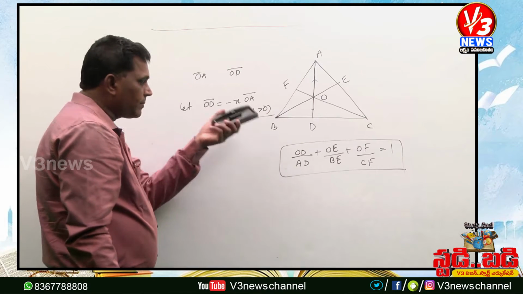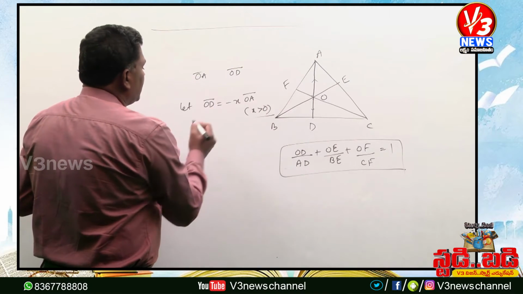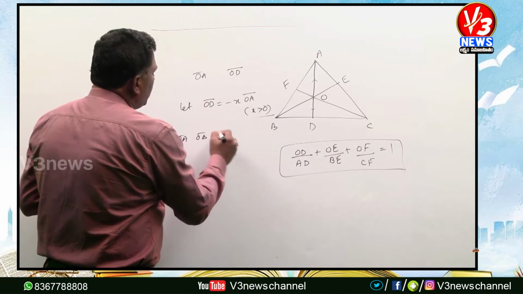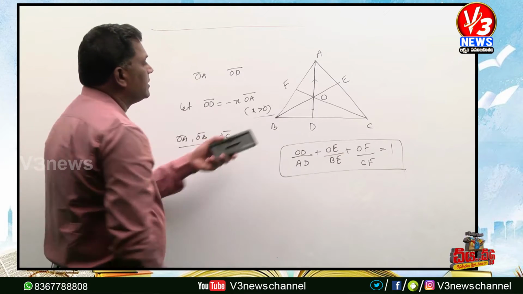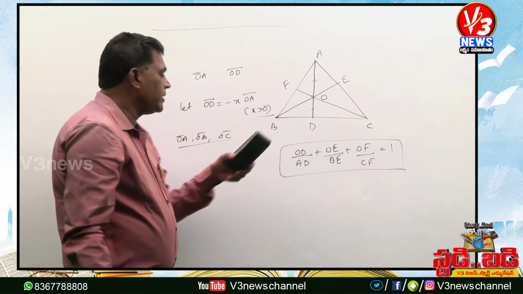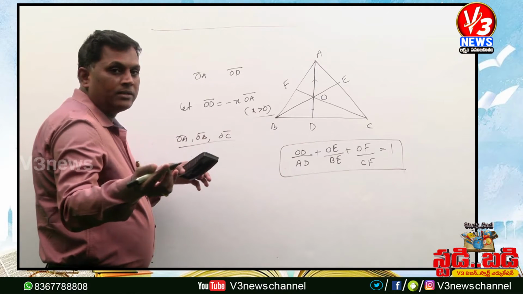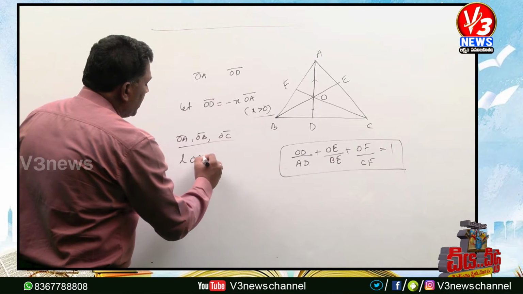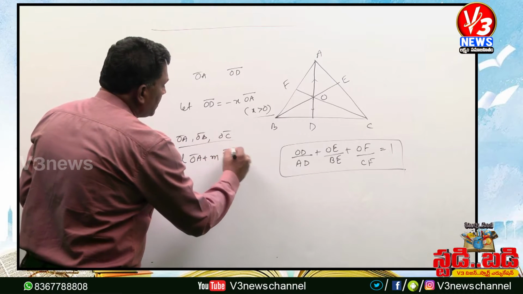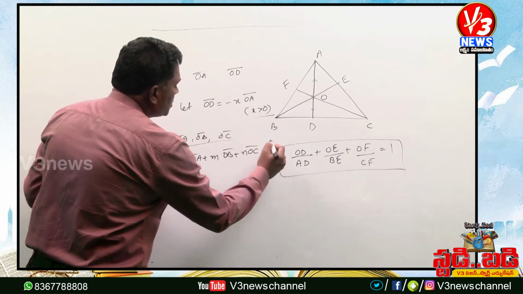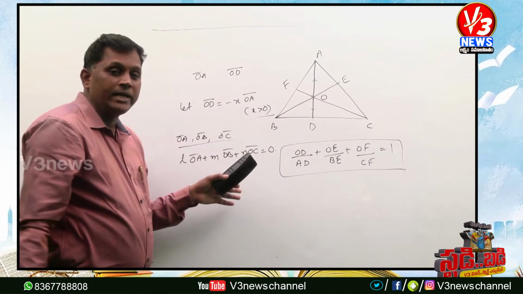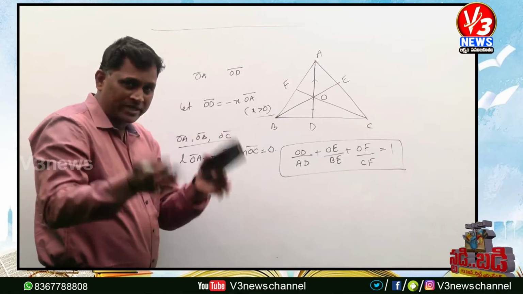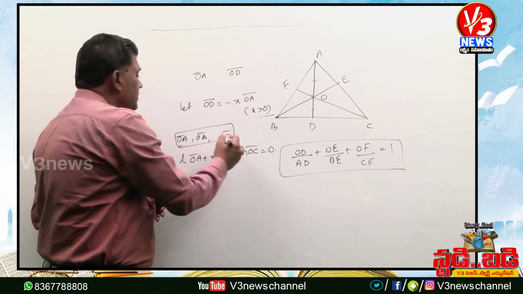Rest of the things we can follow as usual. Now, these 3 vectors OA bar, OB bar, OC bar are coplanar, lying in the same plane. That's why there exist some scalars L, M, N such that L OA bar plus M OB bar plus N OC bar equals 0. I am using the coplanarity condition here.